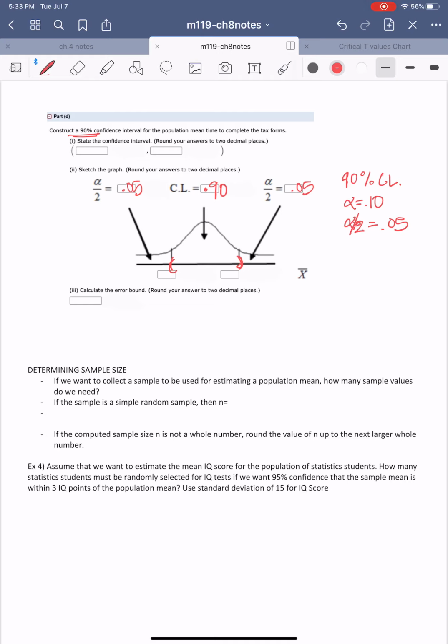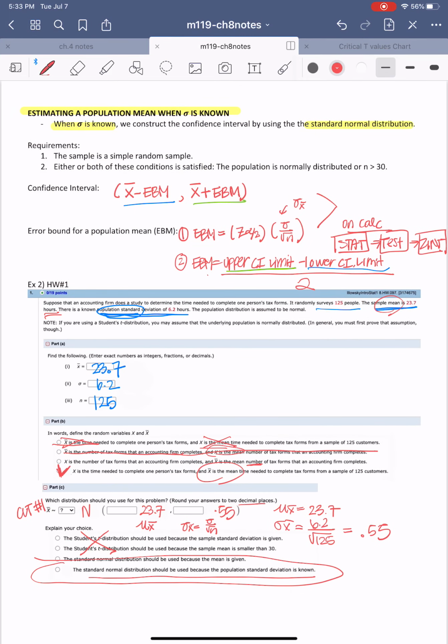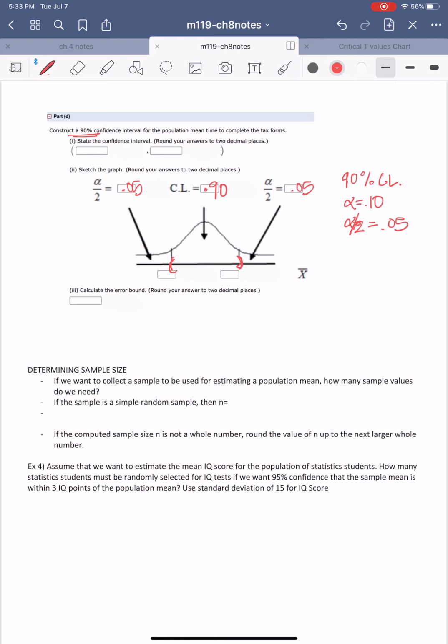The calculator: stat, test, z int. Okay, it's our first time doing it, so I will show you using a calculator and where you can find it.